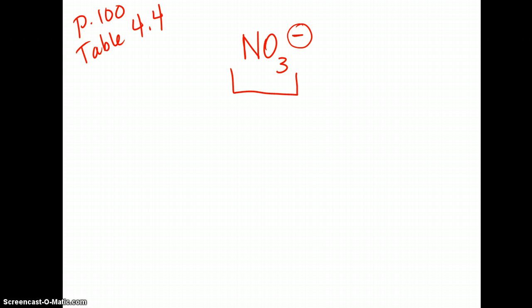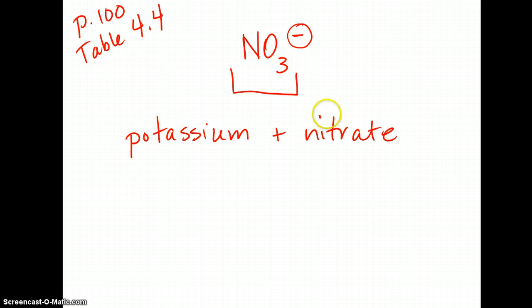So if a nitrate were to come together with perhaps a potassium, so if we have potassium and nitrate coming together, this is what that would look like. Potassium, remember, is K. It has 1 electron to lose.